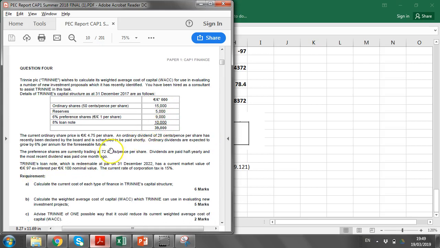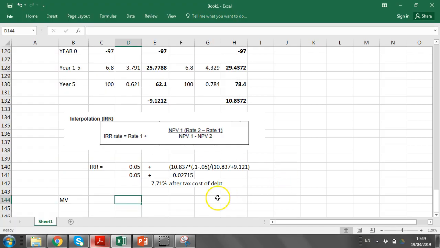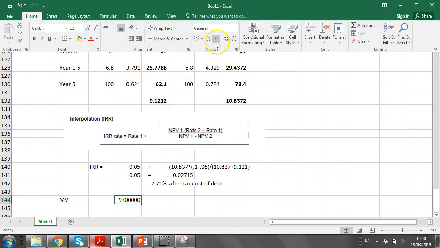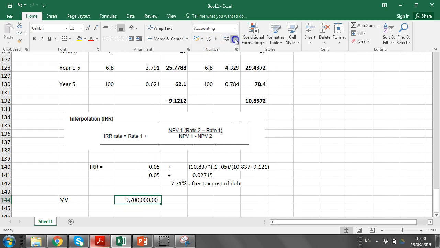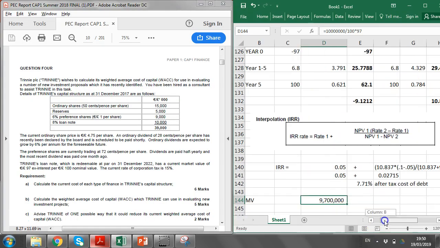So 10 million divided by 100 multiplied by 97. So the value there is 9.7 million. So we'll slot both of them in, 9.7 and 7.71%.